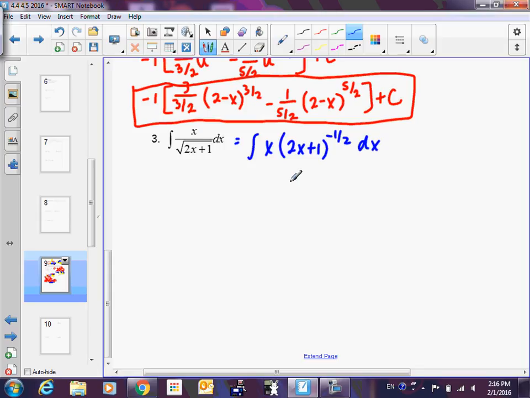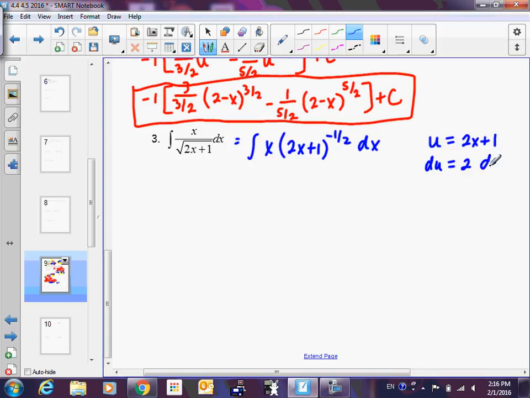And when you write it this way, naturally, you should go, okay, I'm pretty sure I know what u is supposed to be. The thing in parentheses. And then du, just take the derivative.